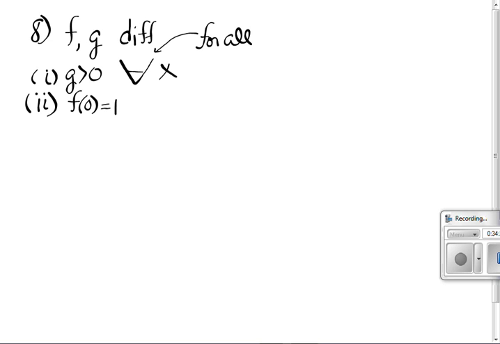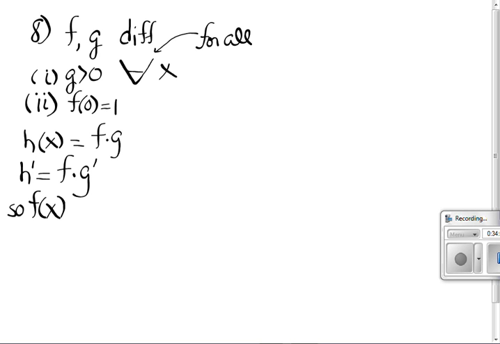Okay. Now, they tell me h of x is, and I don't like all those x's in there, it's f times g. Product. Then they tell me that the derivative is f times g prime. I'm just copying this problem because I like to see it up there.